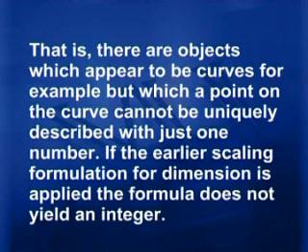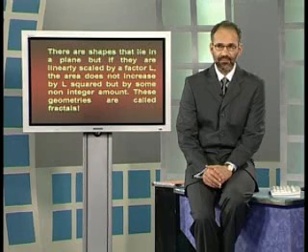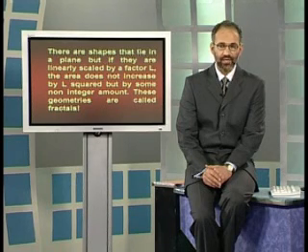If the earlier scaling formulation for dimension is applied, the formula does not yield an integer. There are shapes that lie in a plane, but if they are linearly scaled by a factor L, the area does not increase by L squared, but by some non-integer amount. And these geometries are called fractals.